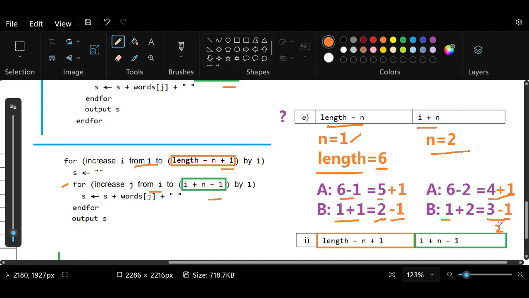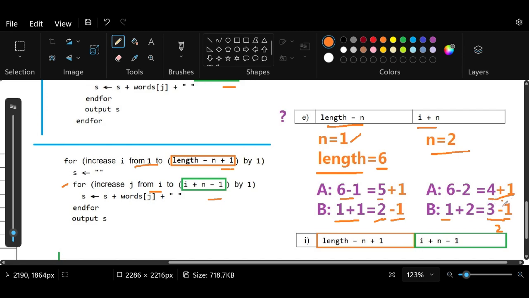And we're at 4, so 4 and 5 we get those words, but the last word, which is at position 6, we don't reach that anymore.